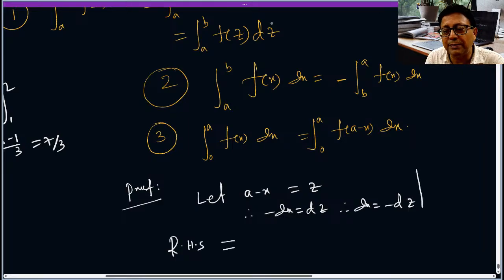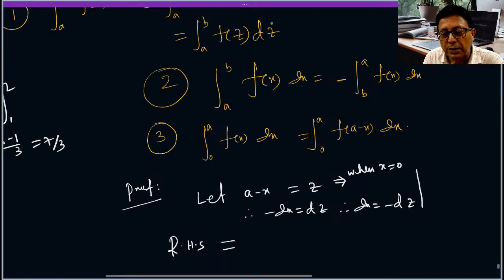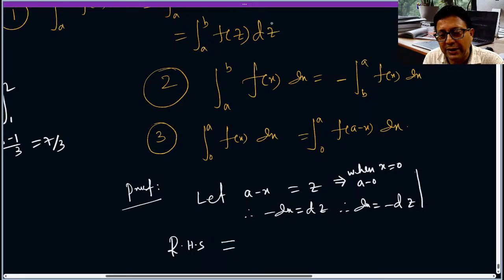We need to change the limit on it. When x equals 0, lower limit is 0, a minus 0 equals z, so z equals a.